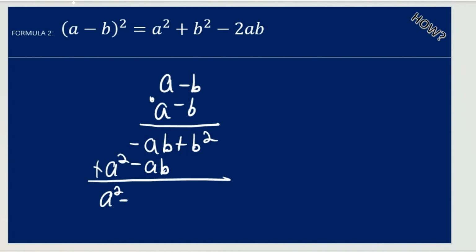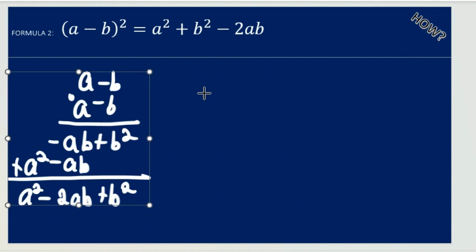So a squared minus, so if it's minus plus minus, that's gonna equal minus. But because the two minuses, like the two subtraction signs, are there, we are going to have to add. So here, it's going to be minus 2ab plus b squared.